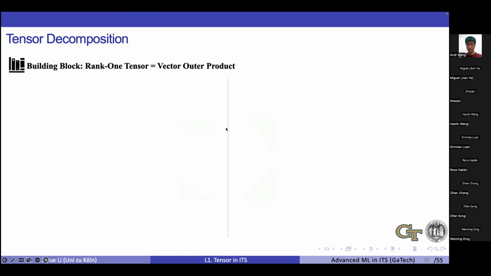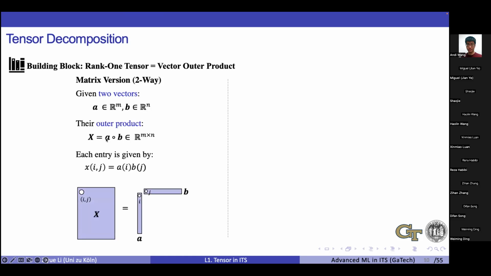To understand tensor decomposition, which is a really basic technique for our method, there is one important basic concept called the rank 1 tensor. This is basically the building block of tensor decomposition. Let's start from the matrix way. For example, we have two vectors A and B with dimensions m and n.